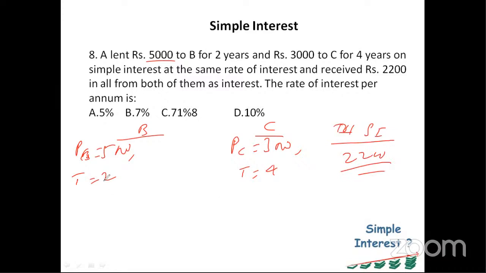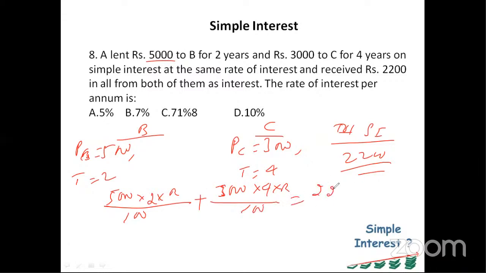Okay. So let us calculate PTR. We have to calculate interest. So PTR means here we have 5,000 into 2 into R by 100 plus again here 3,000 into 4 into R by 100 is equal to how much? 2200.